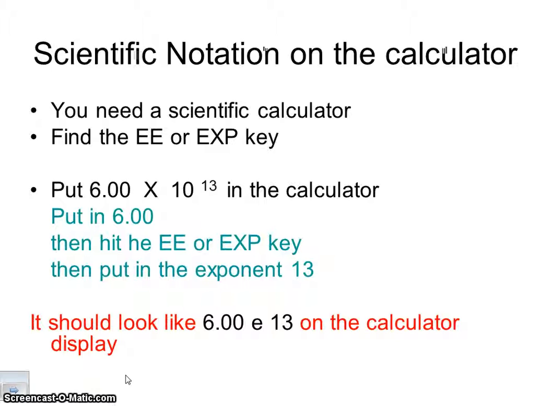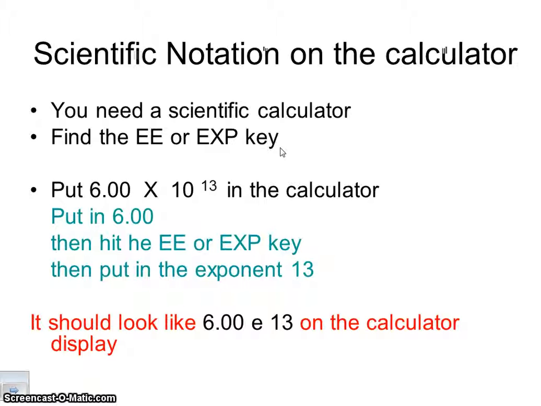Okay, a problem that a lot of students have is using the calculator. You need a scientific calculator, and it should have on there an EE or an EXP key. So you need to find that on your calculator. Sometimes it is what is called a secondary function, which means that it can be written in a different color, or it can be written above the key.